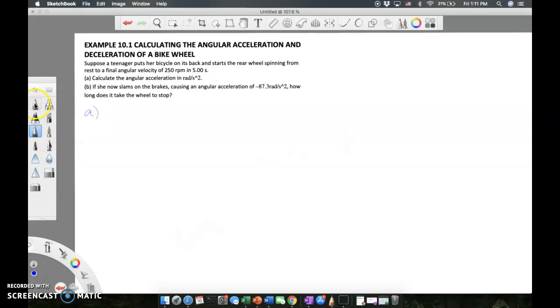That's my part A here. So our velocity changed from 0 to 250 RPM, and our change in time is just our 5 seconds.